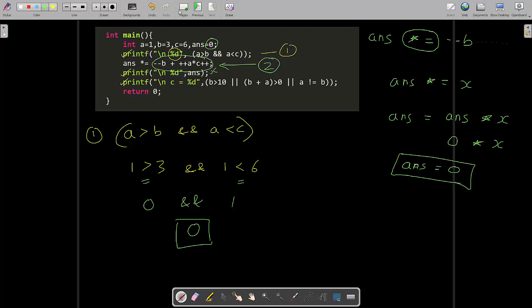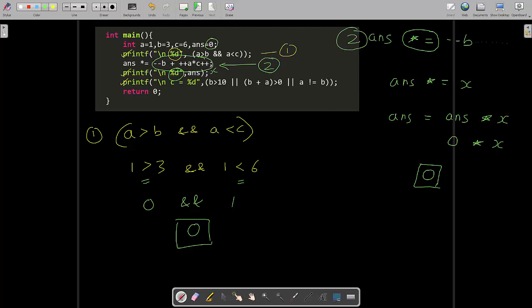I will just erase this and write the output over here. According to this, I just have to print the answer, and that is going to be 0. So the second expression is also going to give me 0.